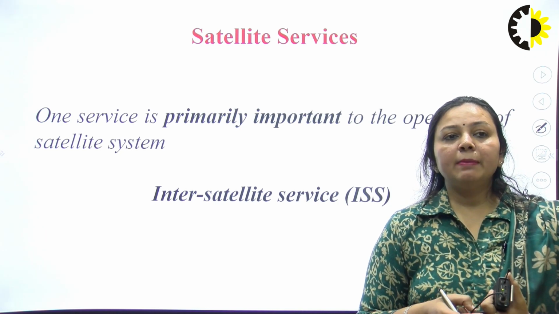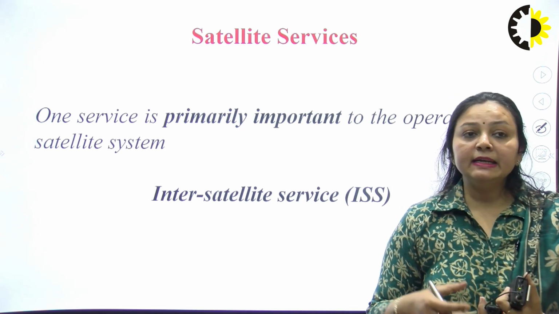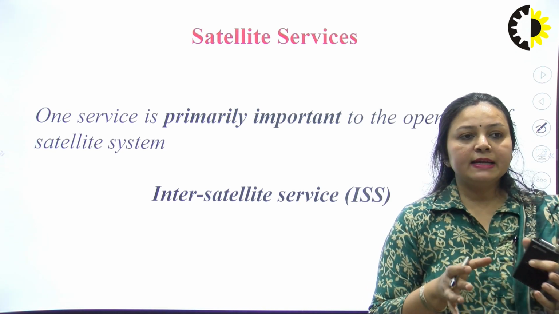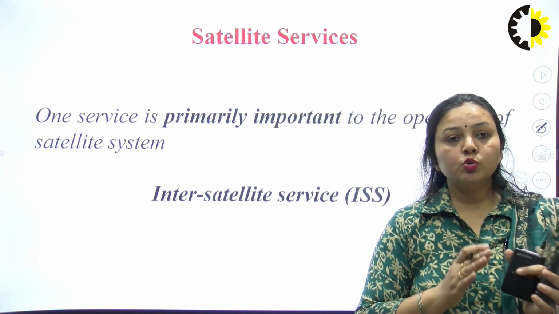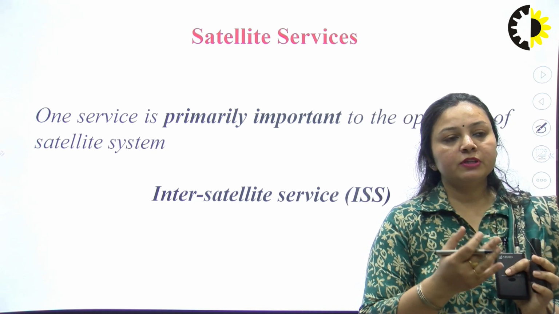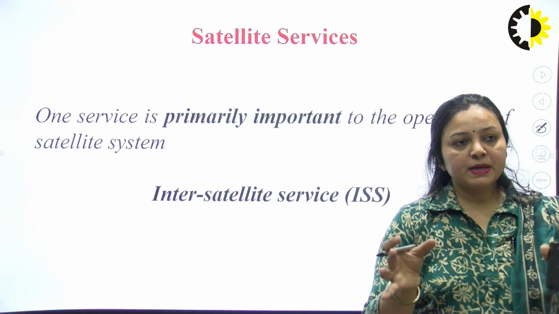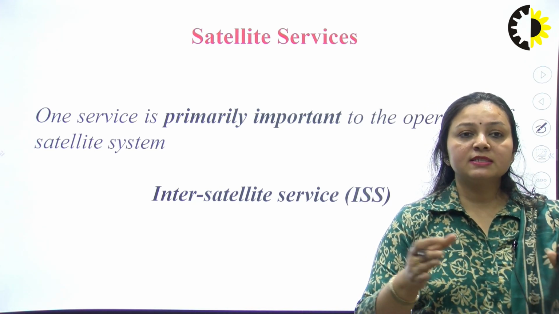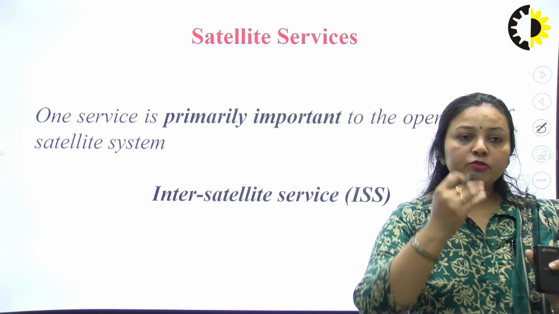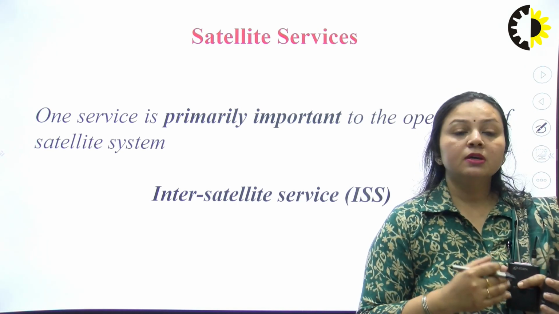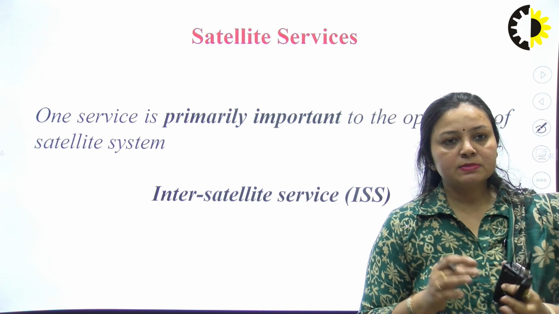One service which is primarily important to the operation of satellite service is the inter-satellite service. If two Earth stations which want to communicate with one another are not in the same region, then they need to communicate and exchange information. So we can have inter-satellite links between them.